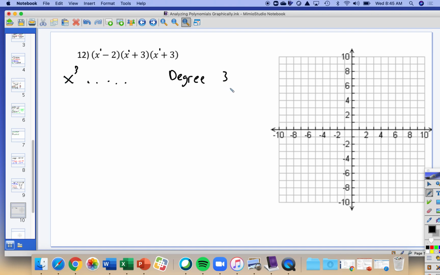It's a degree 3 polynomial with a positive value in front of the highest degree.